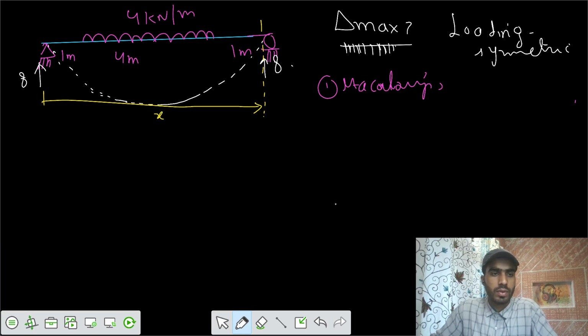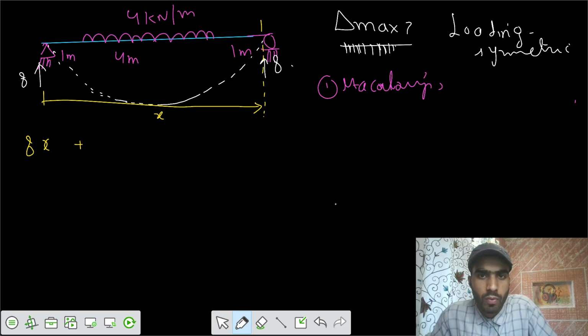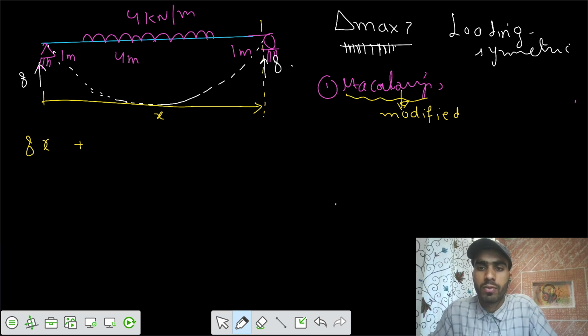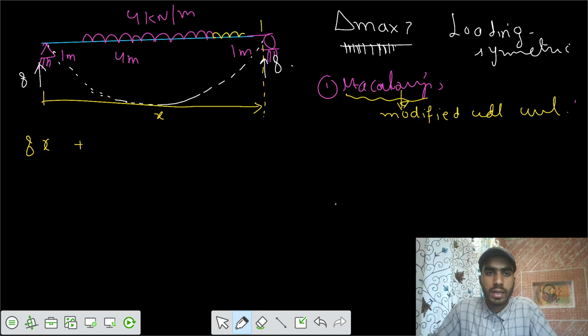Let's get the moment equation. We can write 8 into x plus, and we have to modify the UDL because it's Macaulay's. It says to modify the UDL till the point x is reached. Modified UDL and UVL. So you have to modify it up to that point x, and similarly in this fashion also.